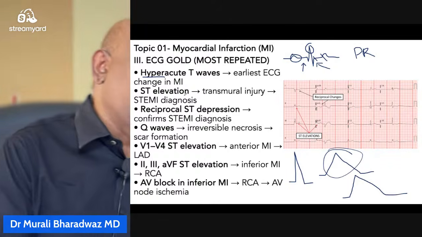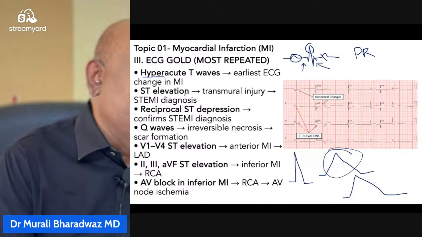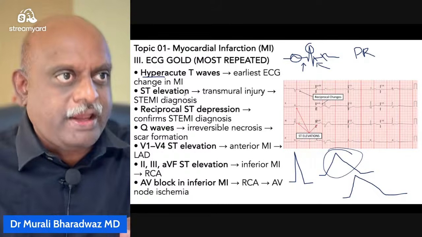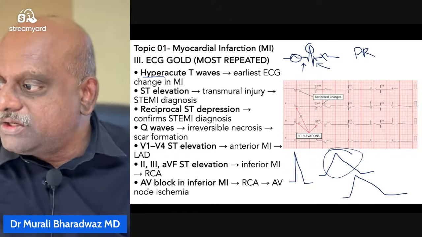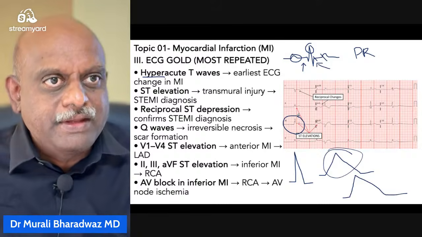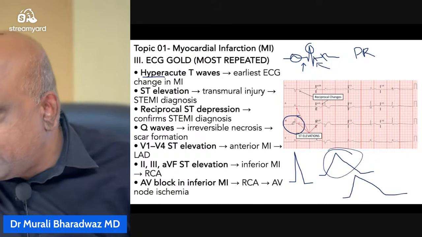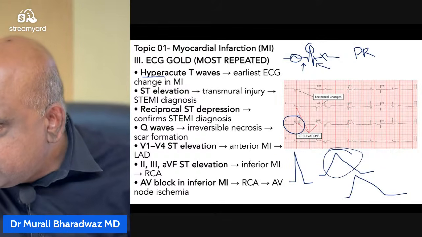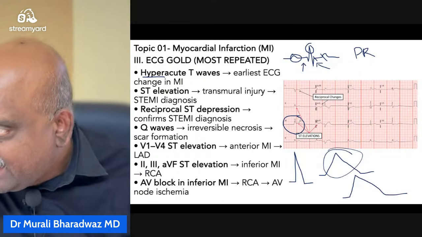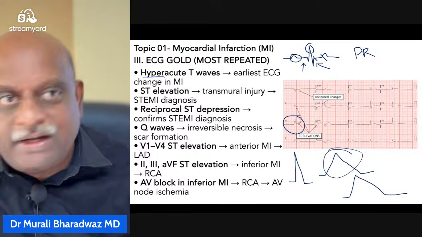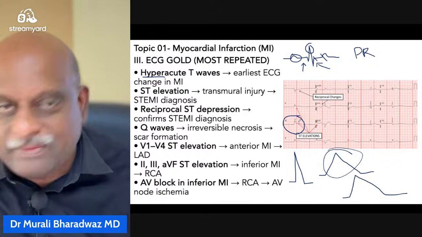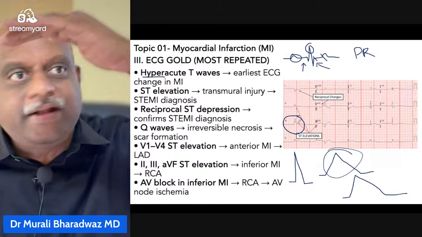If it is subendocardial injury, what will happen to ST? ST segment will depress. Okay, so you can see here, this is the isoelectric line, this is the QRS complex, the end of S, and here the start of the T. Between the two, you have this ST segment that is elevated.